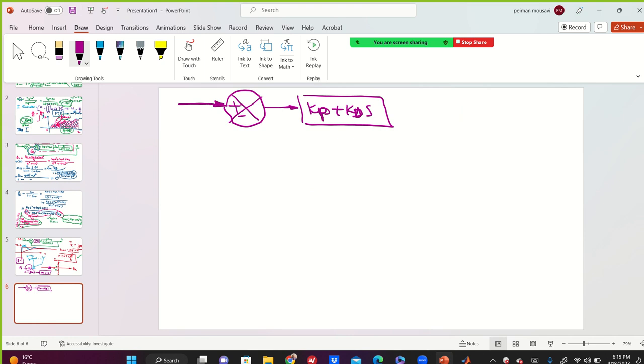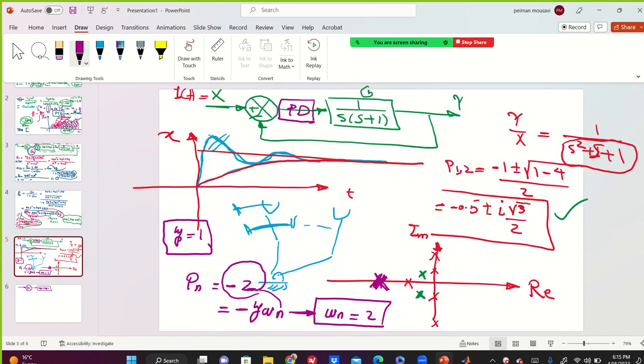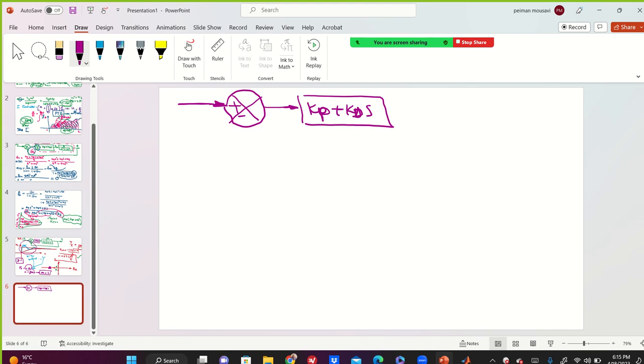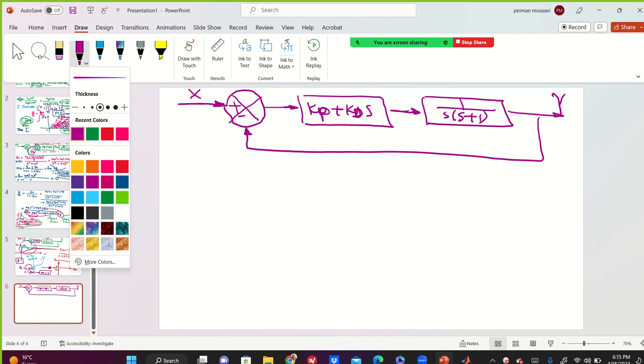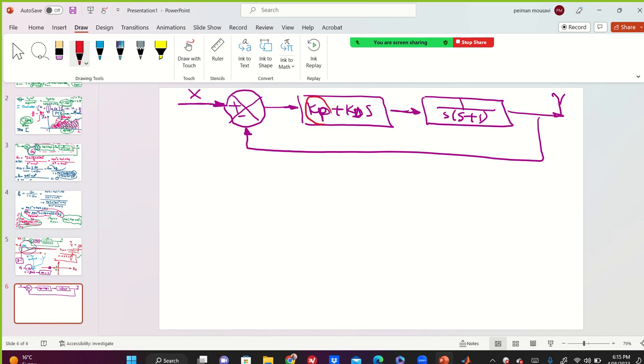Because a PD controller changes transient behavior. Are you following me? And this is the open loop transfer function of the system originally, 1 over s squared plus s. Now your job is to tune KP and KD. Great.